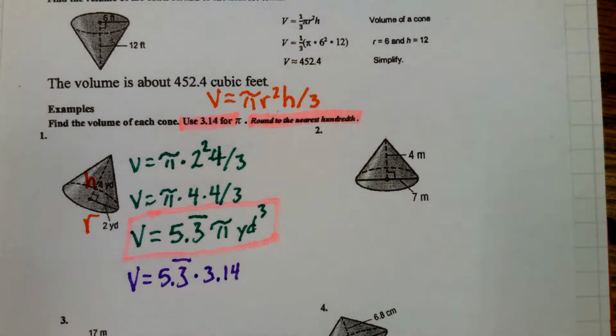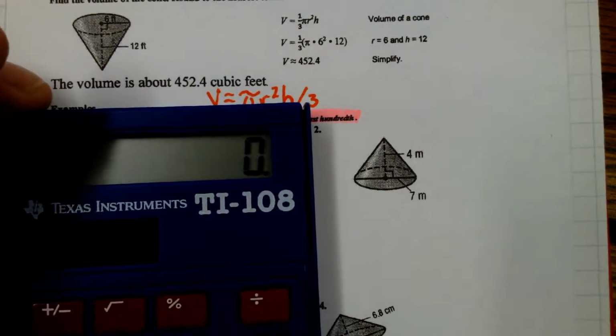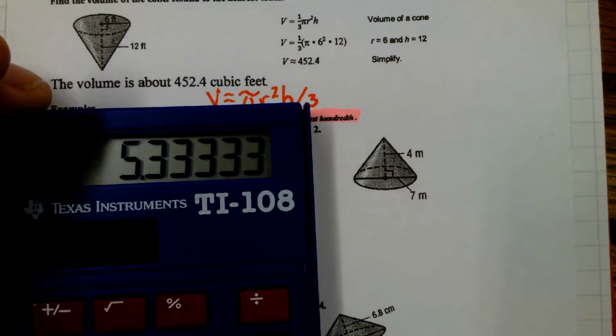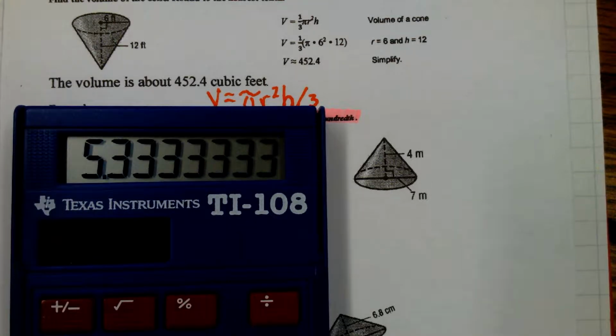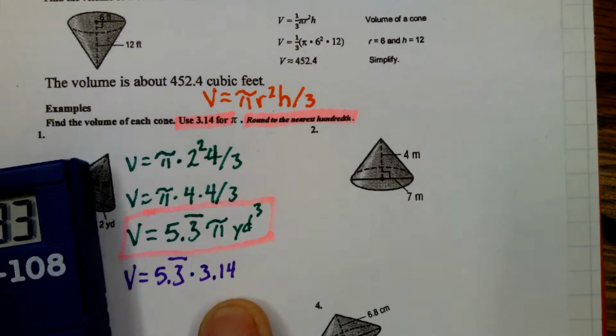If you're wondering, how can I get that answer? What you want to do is 5 point and then fill it up with threes, as many threes as you can get in there. That's your 5.3 repeating, approximated, and then multiply that by 3.14.